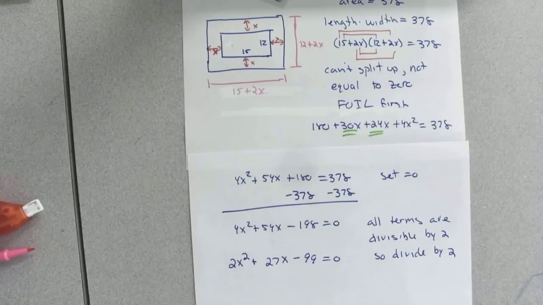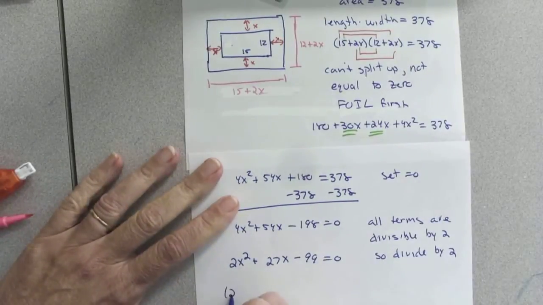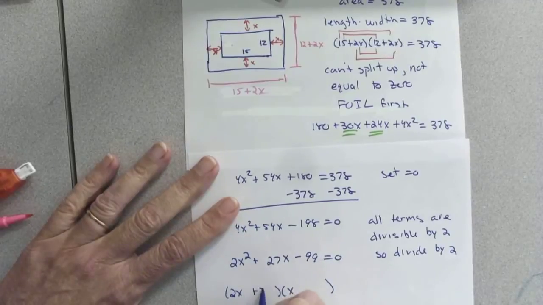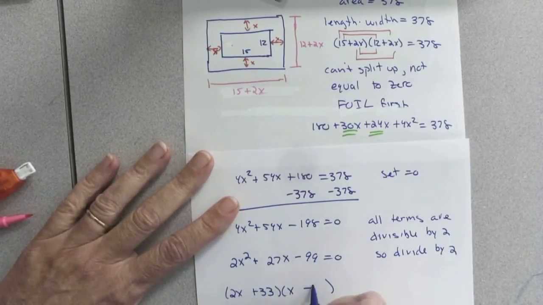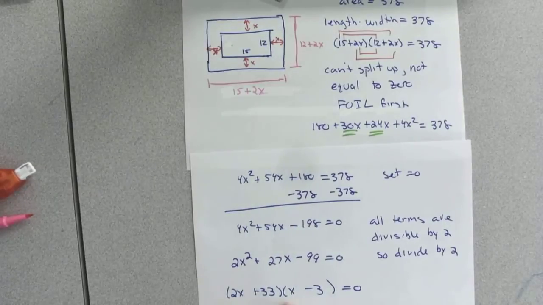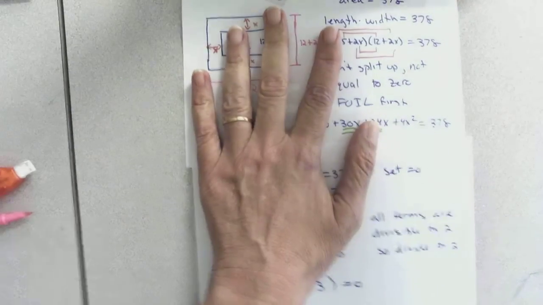Yeah, I think I actually do. Let's try it. 2x and x, and let's go with plus 33 minus 3 equals 0. The first guys have to multiply to 2x squared, so I only have one choice there, 2x and x. The last guys have to multiply to be 99, so there aren't a whole lot of choices there.